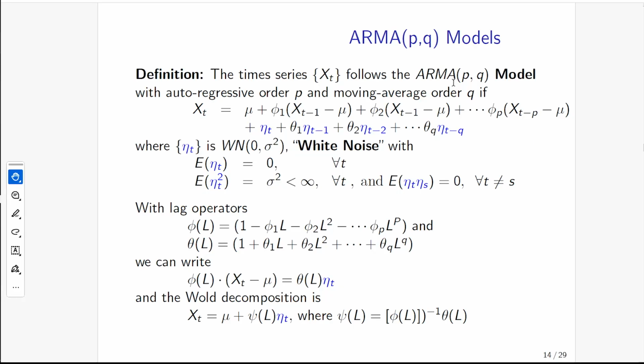And the Wold decomposition of this ARMA model is to multiply this equation on both sides by the inverse of phi of L. And so mu plus psi of L eta t is the Wold decomposition representation of the process.